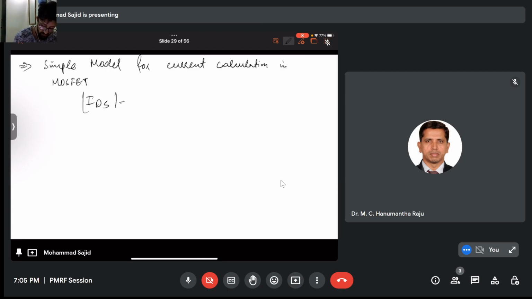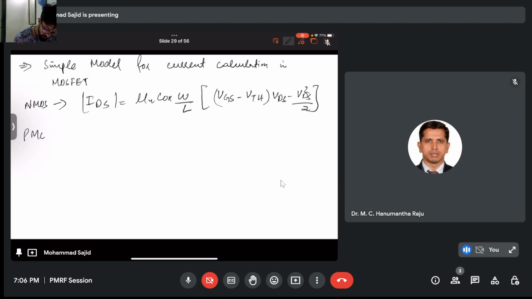IDS is equivalent to mu n Cox W by L (VGS minus VTH) VDS minus VDS square by 2. This is for NMOS. For PMOS, we just change the polarity, rest is same. Remember that this is always to be positive.